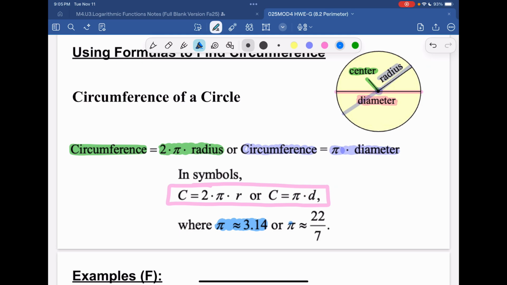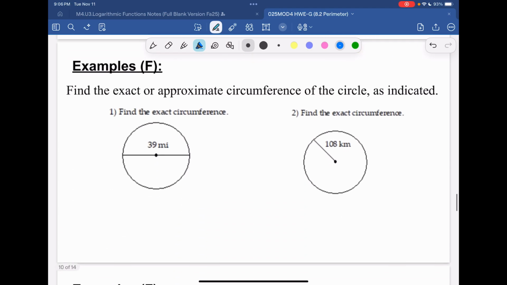Or you could say that pi is approximately 22 sevenths. Sometimes you'll be asked to give an exact answer, and that means that you're going to leave pi in your answer. Sometimes you'll be asked to give an approximate answer, and that's when you're going to use that 3.14 to estimate it. So let's look at some examples.